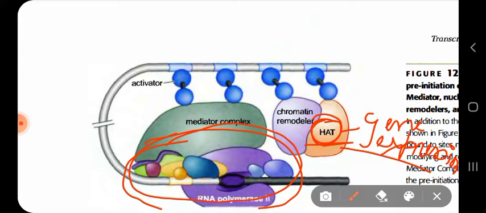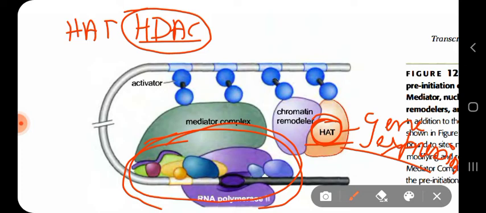Well, two types of enzymes are there. One is called histone acetyltransferase. One is called histone deacetylase. Both enzymes are involved in chromosome formation to form chromatin structure. That means it forms either loosely bound DNA called euchromatin, or heterochromatin.